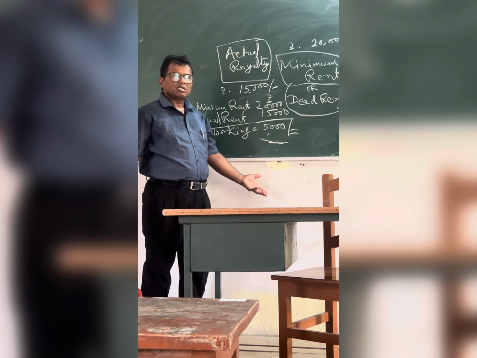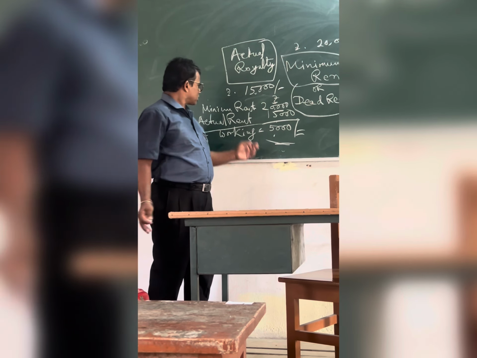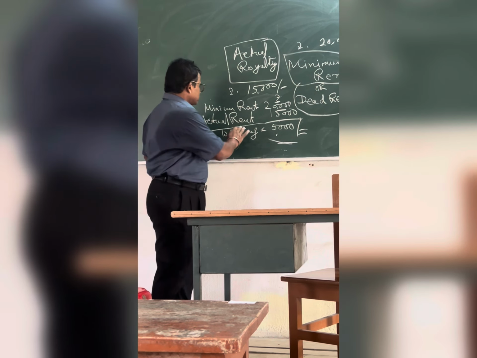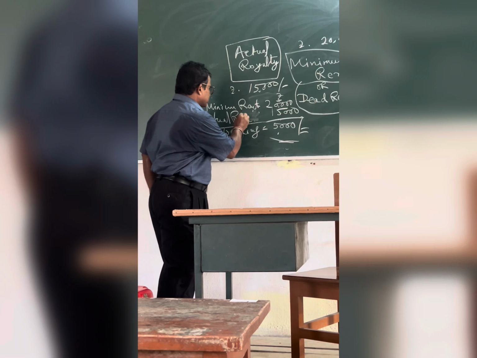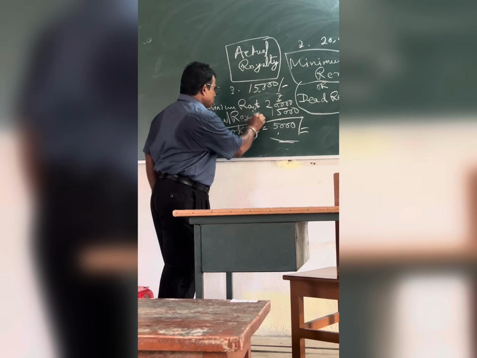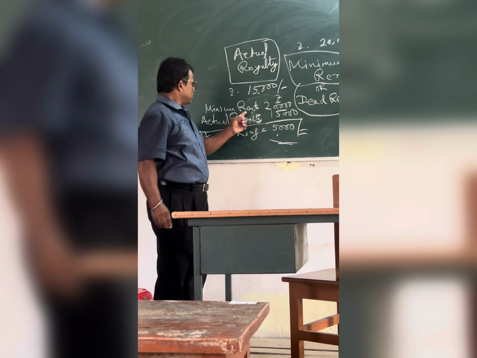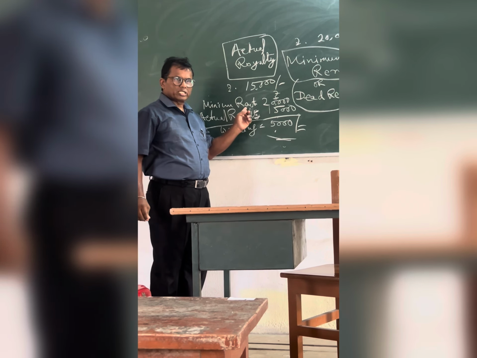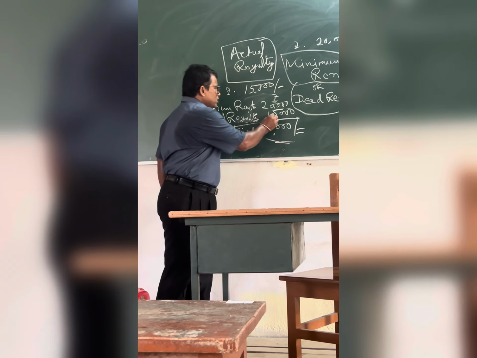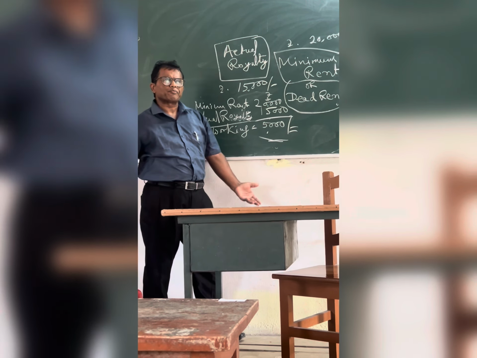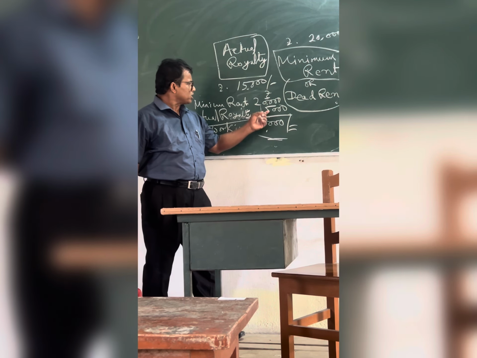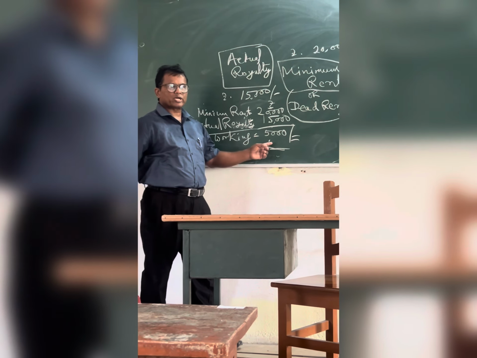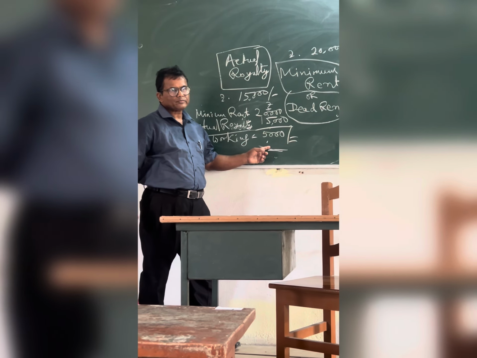If actual rent or actual royalty is less than the minimum rent, then this is short working. Clear?